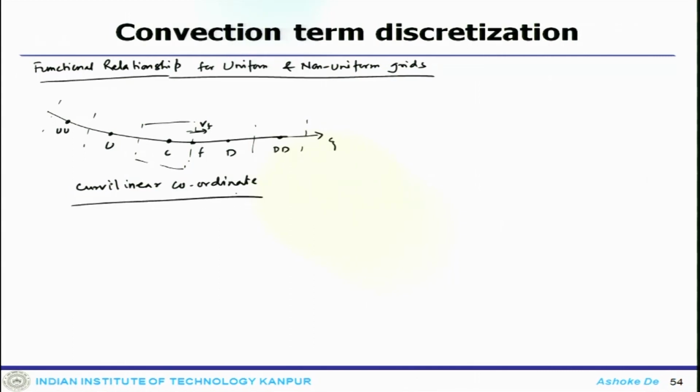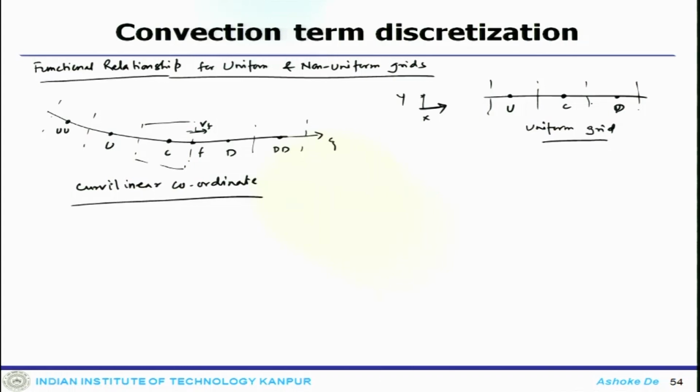In the uniform xy system, the cells would be sitting like this: this is the cell, down of that, up of that. This is your uniform or orthogonal grid system, and this is the curvilinear grid system.